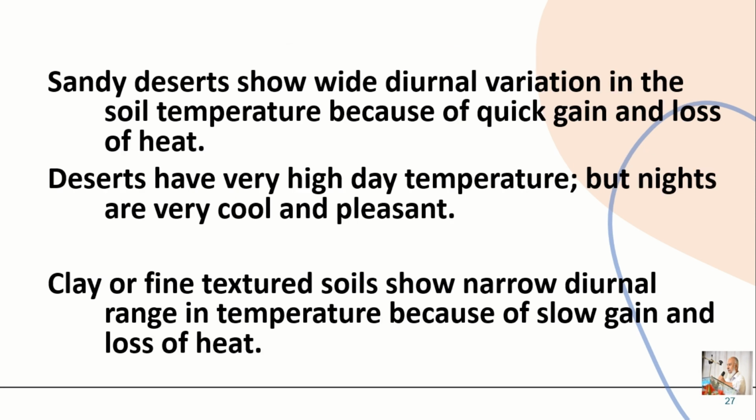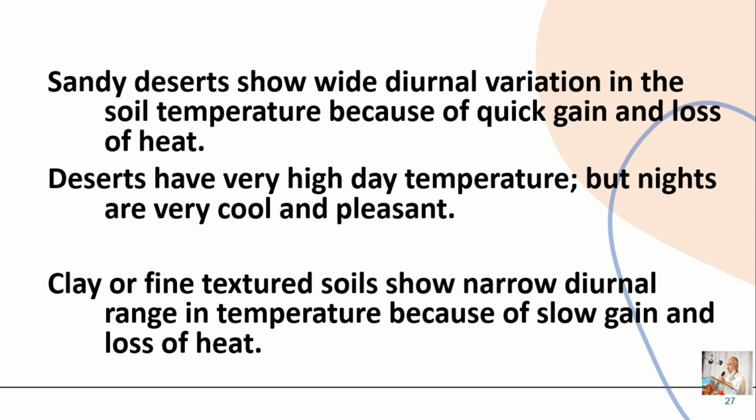Sandy soil shows a wide diurnal range variation in soil temperatures because of the quick gain and loss of heat. Deserts have a very high day temperature, but nights are very cool. I have been to Cholistan Desert so many times.